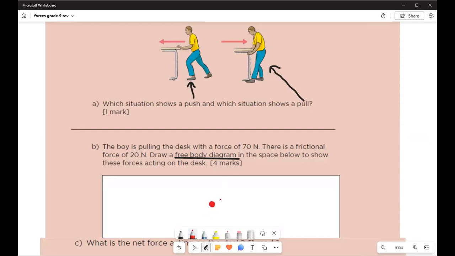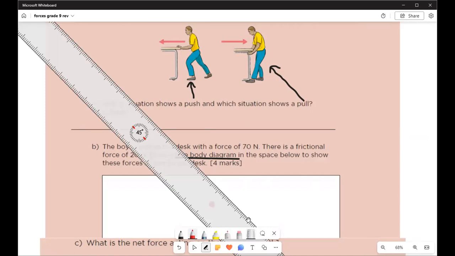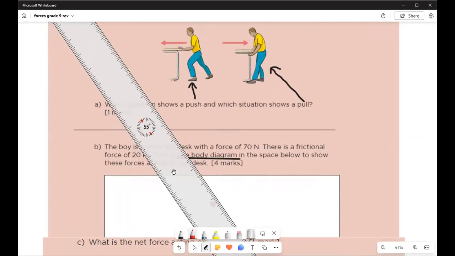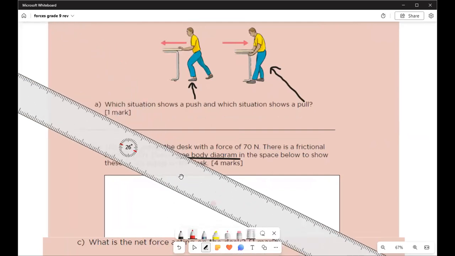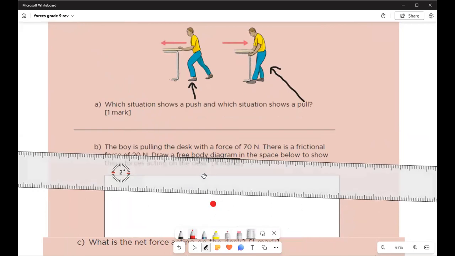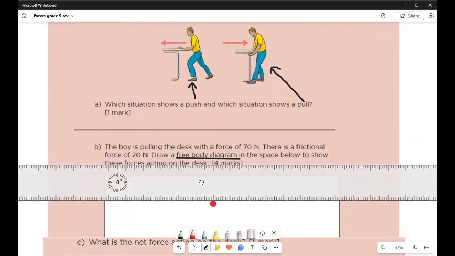And then the pull is in that direction, 70 newtons. I have a ruler actually, so let's do this. I'm going to rotate my ruler quickly. I'll make each centimeter represent 10 newtons.